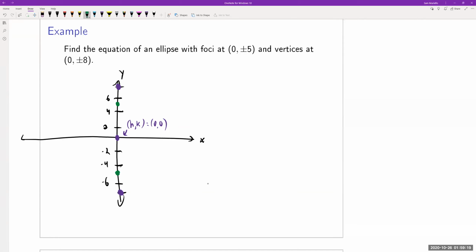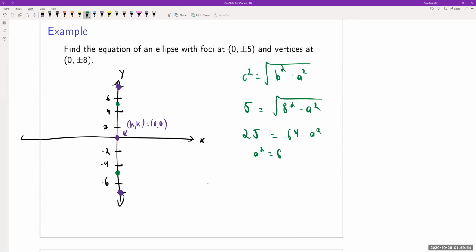Now we can use this information to find the other direction's distance. We know it's going to be horizontal for the minor axis. What we're going to do is say that c squared is equal to, in this case, b squared minus a squared, because since the foci are vertically spread, the ellipse has to have its major axis be vertical. As a result, we can plug in the pieces. 5 is equal to the square root of 8 squared minus a squared. 25 is 64 minus a squared.